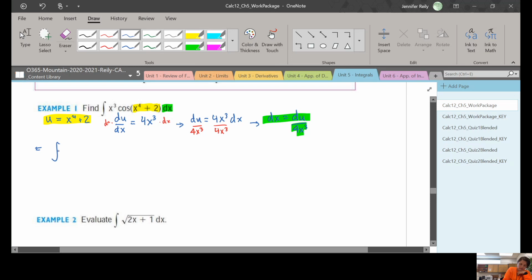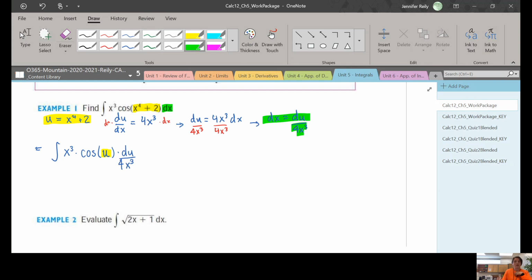I still have that x cubed at the start; you'll see what happens to that in a second. Instead of having this tricky x to the power 4 plus 2 inside the cos, now we just have a nice simple u. And instead of having dx, I have du over 4x cubed. We haven't changed this integral at all. We've just made substitutions that are equal to their other parts. It's just making it look simpler.